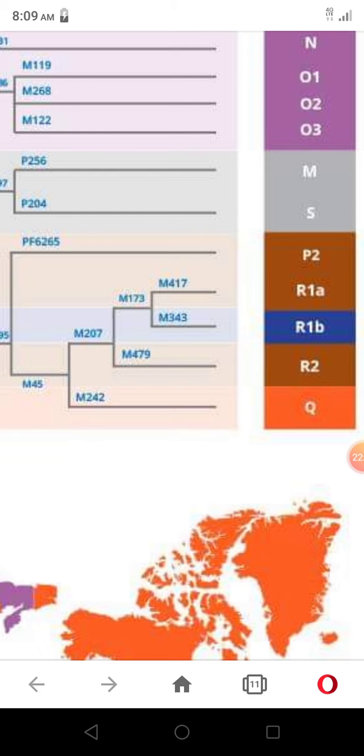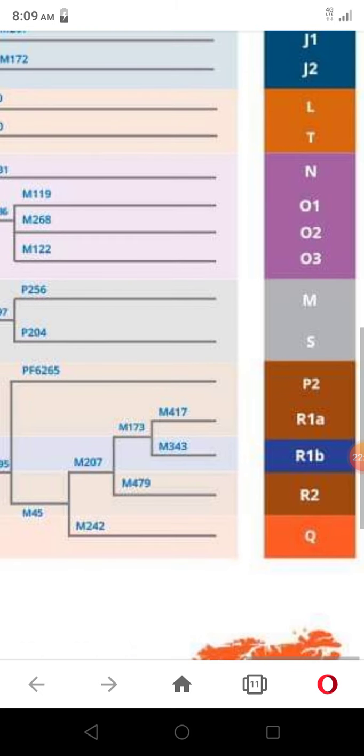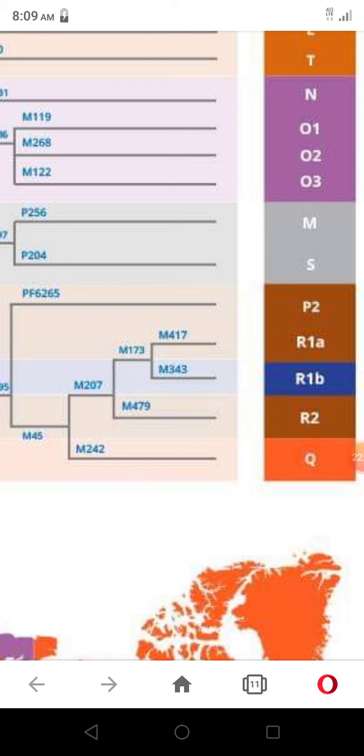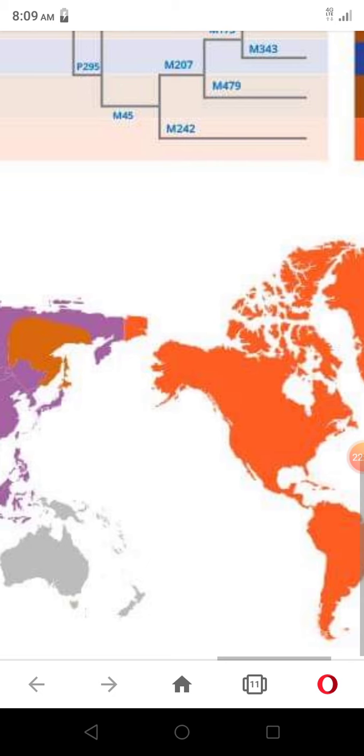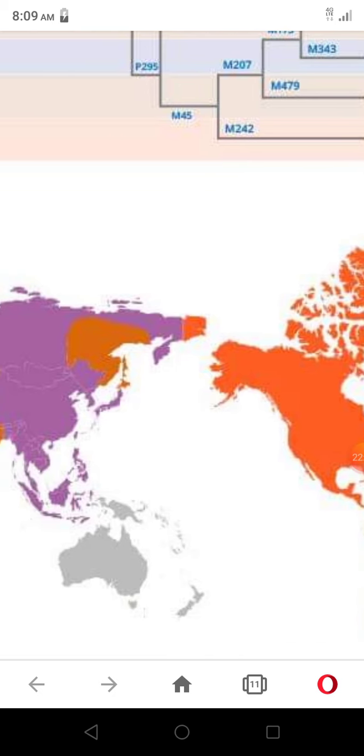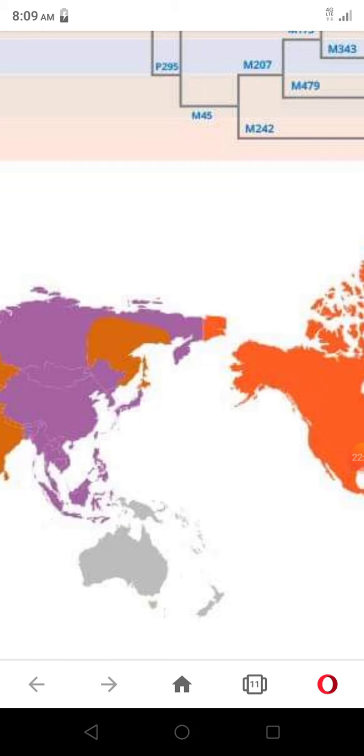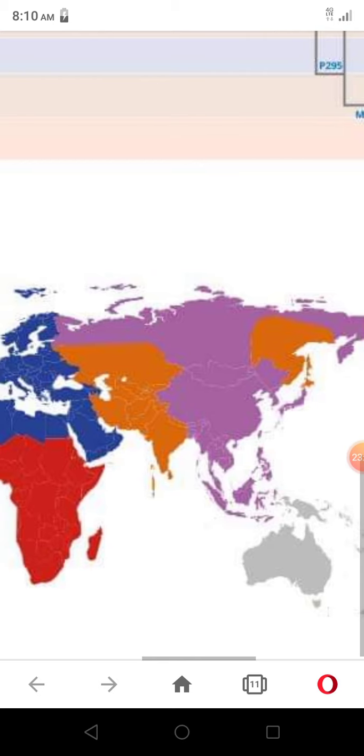So M and M and S and T, these are actually the representation of this K. So the K grouping would be your Papua New Guinea, your Solomon Islands, your Oceania people, all those islands. Those would be your Japhetic Caucasian people that used to live in the Greek islands.